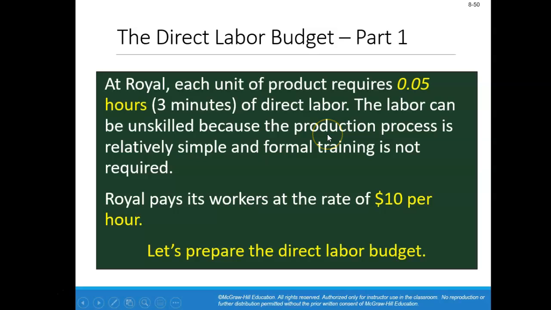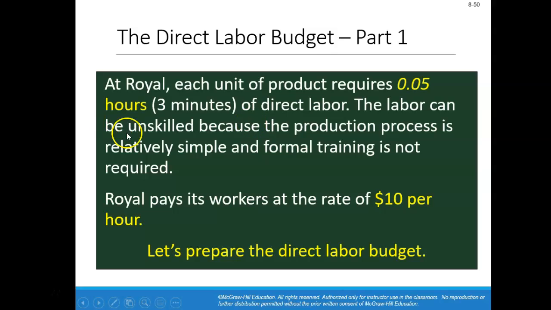Next up, our direct labor budget. All right. Now, we understand that in order to produce those units, we need material, right? But we also got to have employees. We also need labor costs. So this says each unit of product requires 0.05 hours, 3 minutes of direct labor.